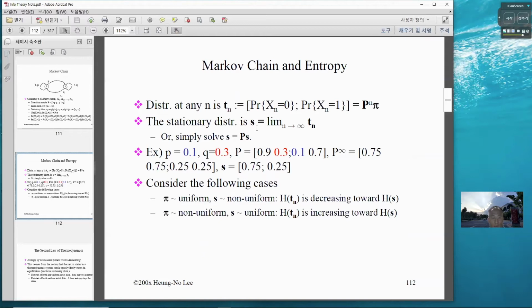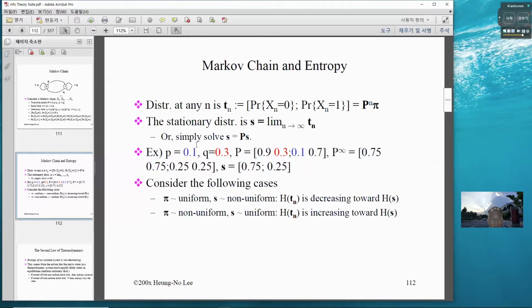And the stationary distribution S is obtained when we let n goes to infinity. So by definition of stationarity, basically, S is equal to PS. So jump doesn't change the distribution anymore at large n. So if I apply this to solve for stationary distribution, then we can find the S exactly.